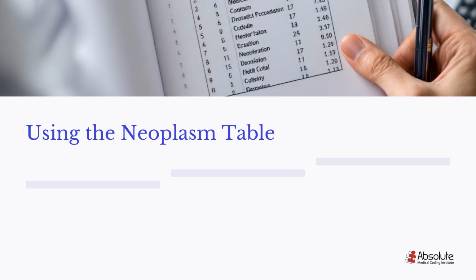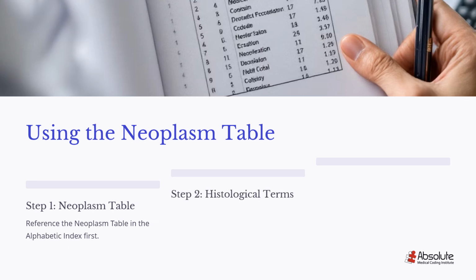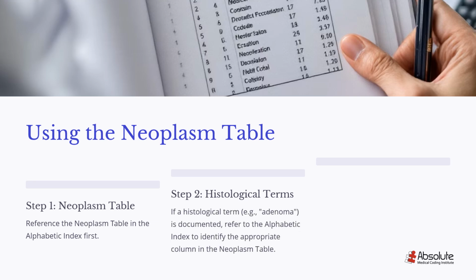When coding for neoplasms, there are 3 things to remember. Step 1, go directly to the neoplasms table. The neoplasms table is located in the alphabetic index. Yes, it is a table. Also, remember that histological terms are not coded from the neoplasm table. And step 3, remember to verify in the tabular list.